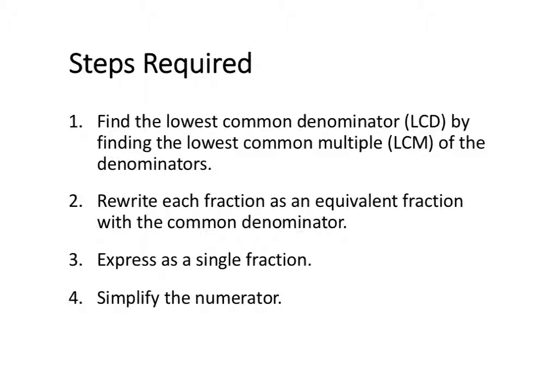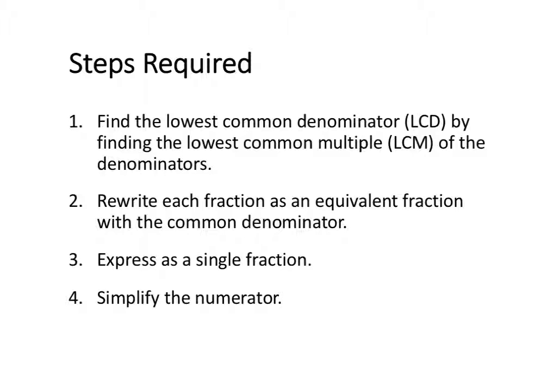Step 2 is after we've got our lowest common denominator, we want to rewrite each fraction as an equivalent fraction with the common denominator. So we want to be changing both of our fractions so they have the lowest common denominator identified. And what we do to the bottom to get that common denominator, we've got to do to the top of each fraction.